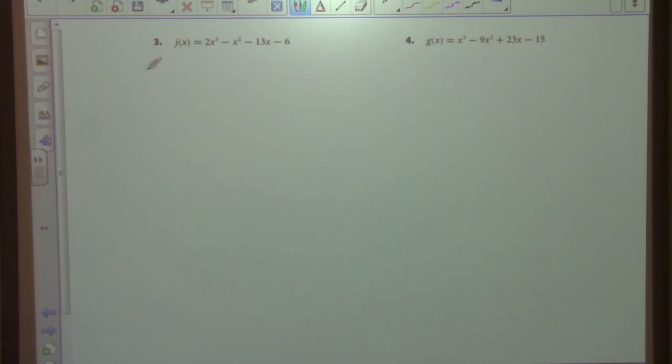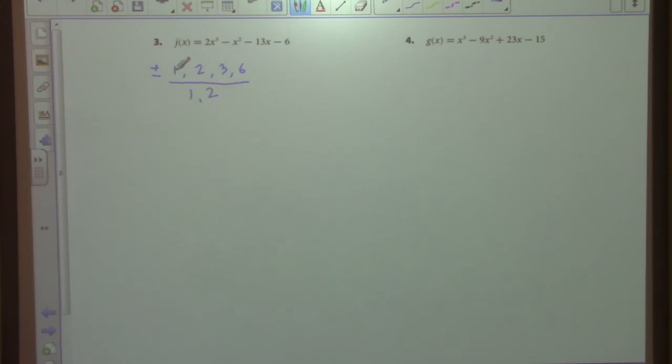Your possible rational zeros are going to be plus or minus your factors of 6, which are, as Victoria says, 1, 2, 3, 6, over the factors of 2. What are your factors of 2? 1 and 2.